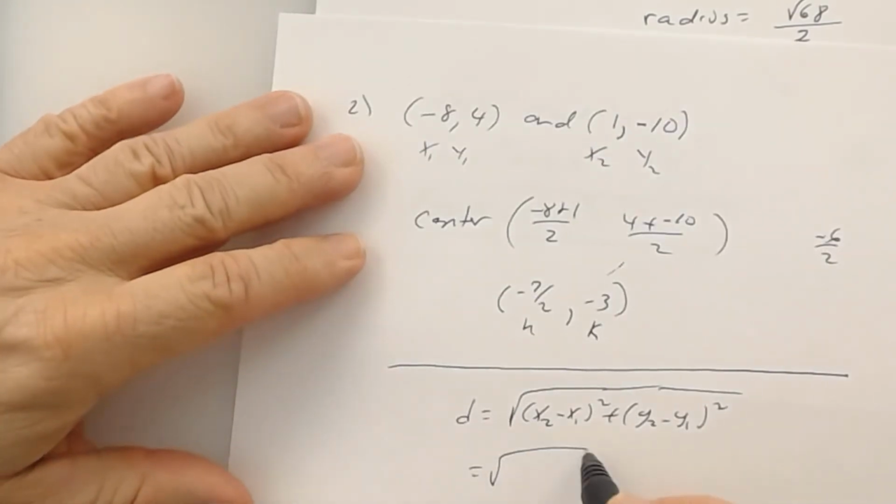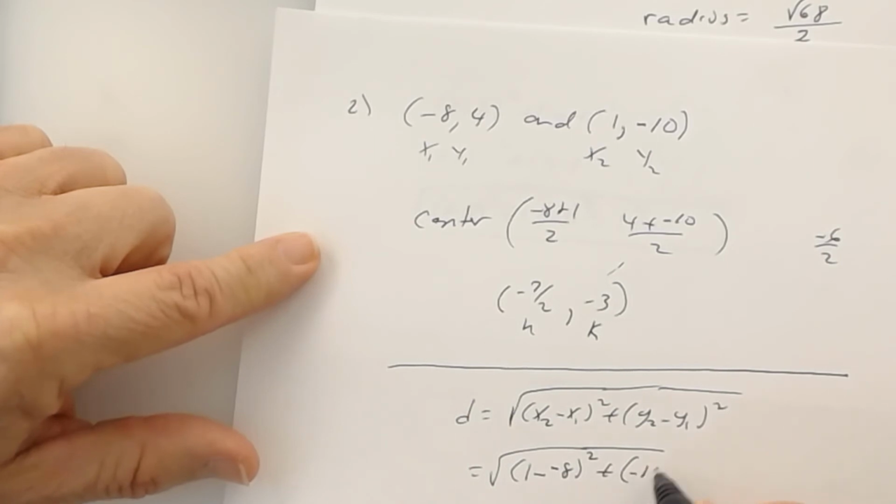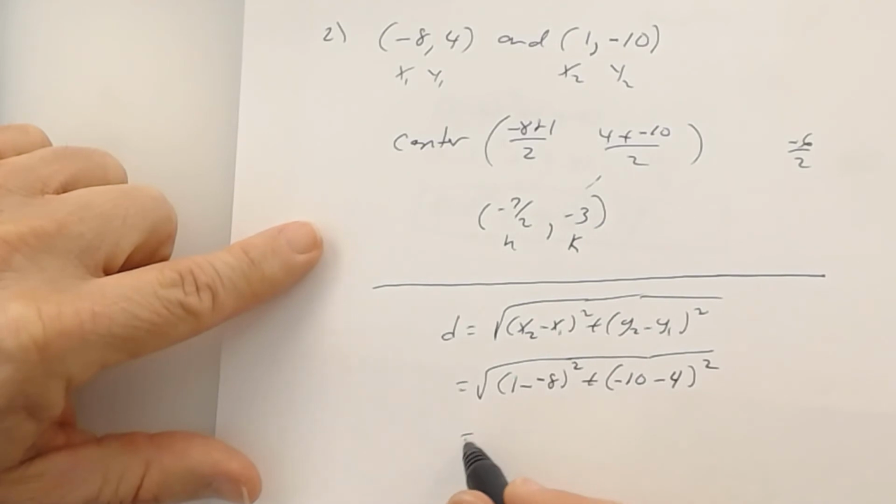So I get the square root of, in parentheses, what's x2? 1. Subtract a -8, whatever it is, I square it, plus y2. What's y2? -10. Subtract y1, which is 4, whatever it is, I square. Okay?